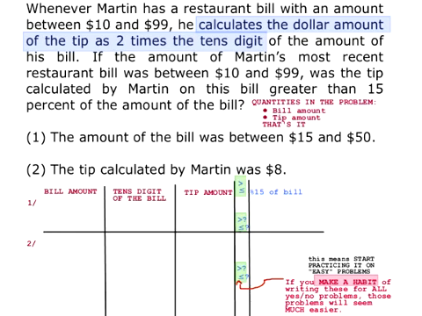Okay, so statement 1. This is everything that's going on in the problem, except for I only have to write this relationship if you double the tens digit. So that's what he does. Let's write that down. Tens digit times 2 is the tip amount. You know what?